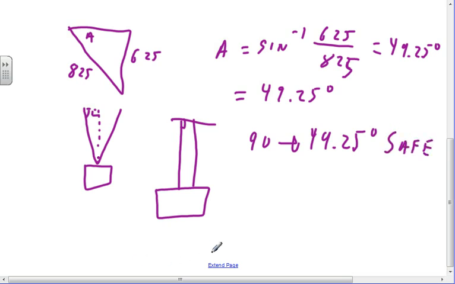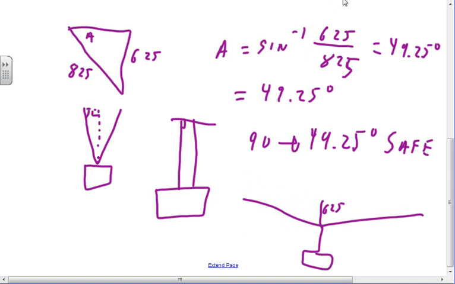But when the angle gets narrower, like this, that's when I'm going to be unsafe. Because now this component is going to be too much, and that guy's going to be bigger, because this guy still has to be 625. This guy's going to be a bigger angle, bigger number.